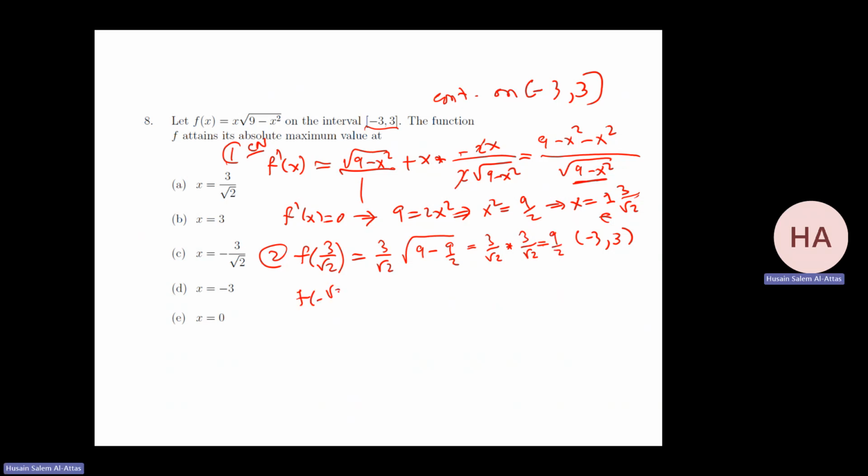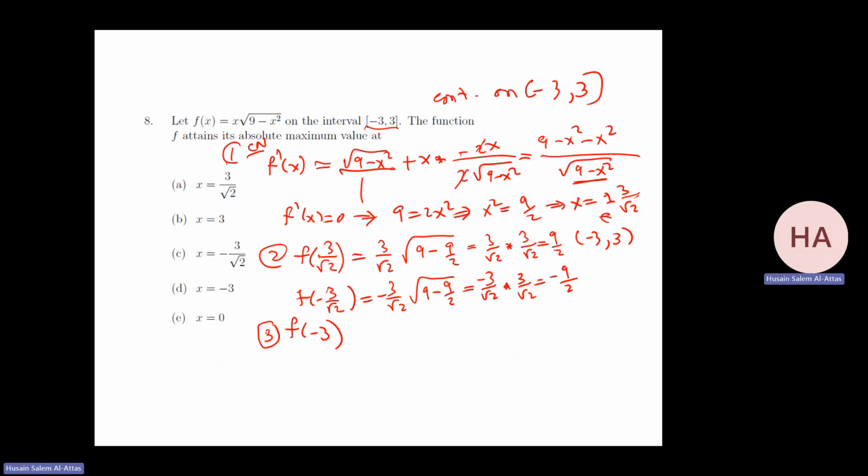F of minus 3 over square root of 2, that will be minus 3 over square root of 2 times square root of 9 minus 9 over 2. That gives me minus 3 over square root of 2 times 3 over square root of 2, which is minus 9 over 2. Okay, check the endpoints.